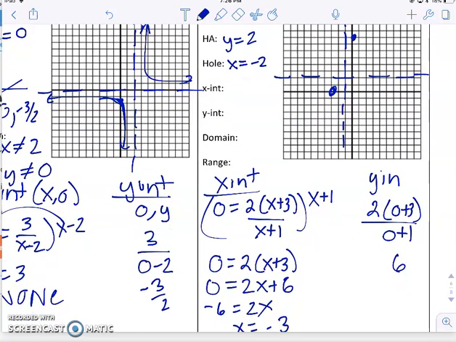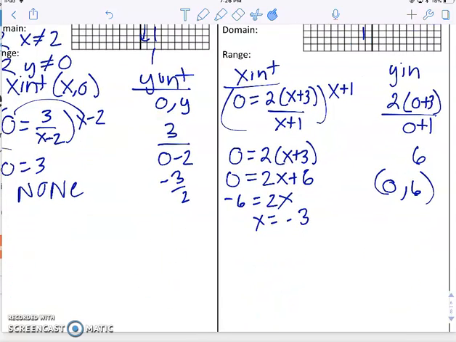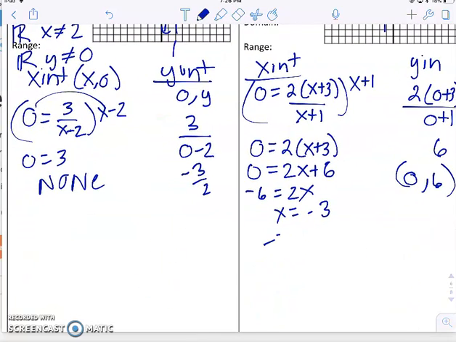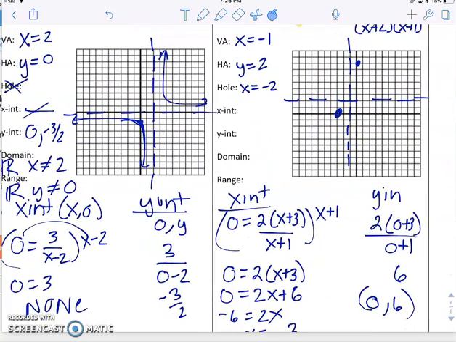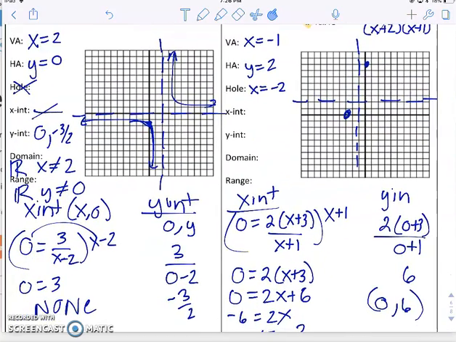So if we wrote it as a coordinate, and this one, so let's see, we know what quadrants they're in. And we know there's a hole at negative 2. So we put our hole.